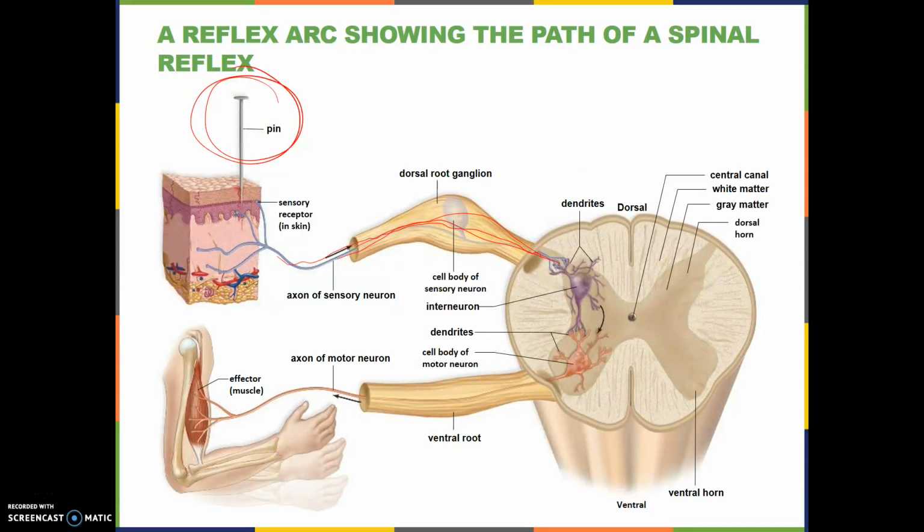And so interneurons within the spinal cord integrate that information and send a signal to your skeletal muscle to cause you to move your skin away from the source of pain. And that's the ventral root of the spinal cord.